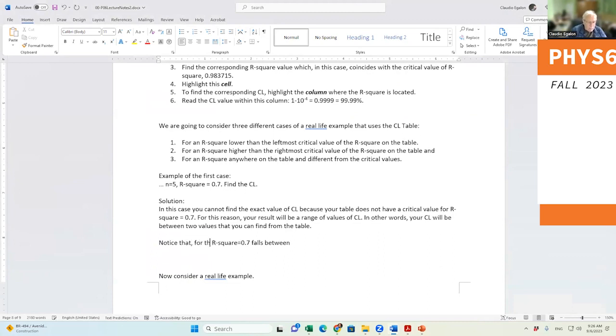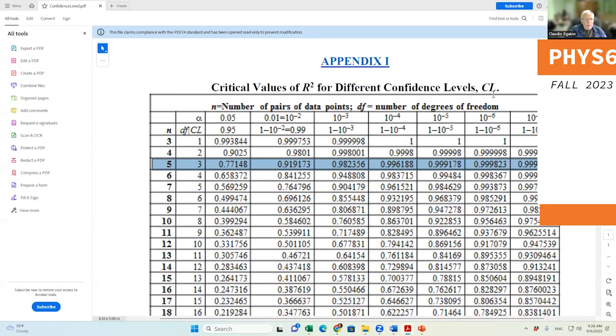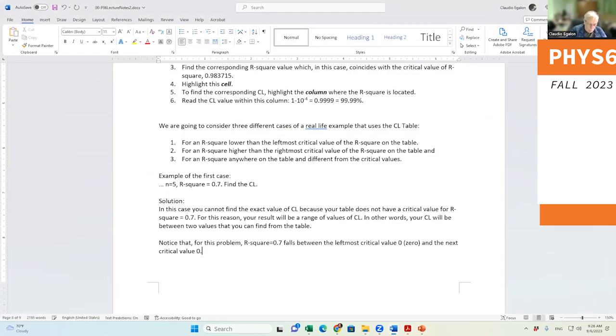Notice that for this problem, R square falls between the leftmost critical value, 0, and the next critical value. What was the next critical value? 0.77148. That's the piece of information that the table tells you.